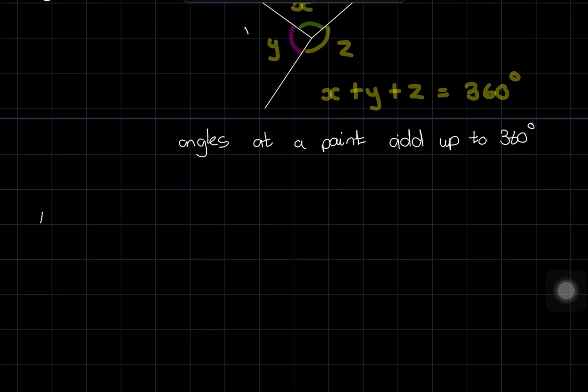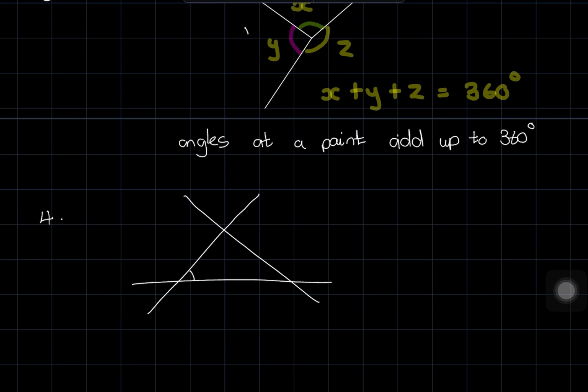Theorem number 4. Now we're looking at triangles. Let's draw our triangles. I'm sure you know this one. Angles on a triangle add up to 180 degrees. Any triangle adds up to 180 degrees.